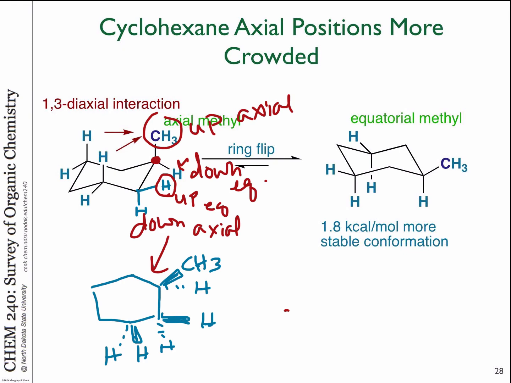So if we were to look at it flat, we would just see bold and dash coming out of the paper, going away from the paper, looking straight on top of the molecule. But if we actually analyze the three-dimensional structure, notice axial and equatorial on one side of the ring alternate. Axial, equatorial as the up positions as you move around the ring. And on the bottom, the down position, same thing.